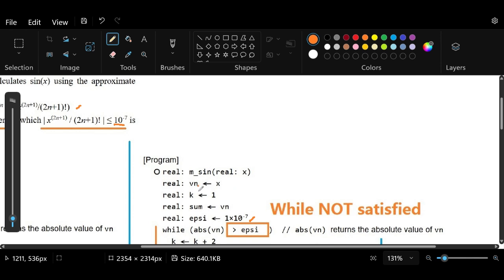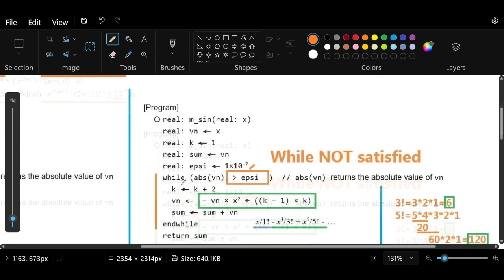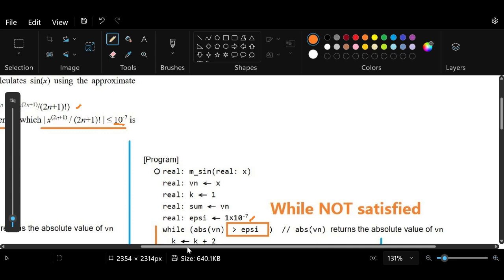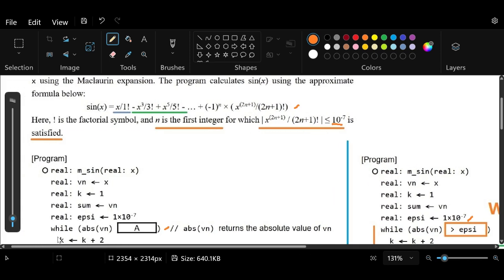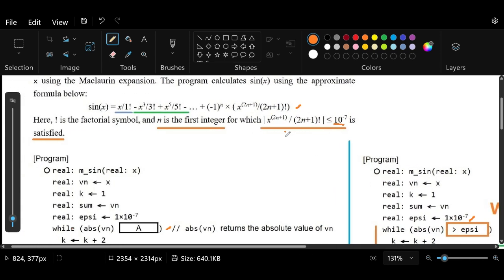I think that if we check what we're doing in the while condition, in the description, it says that we are going to stop once we've satisfied this condition.